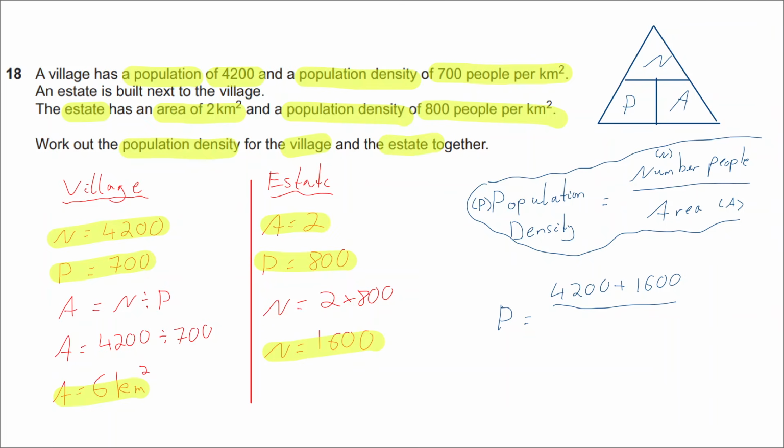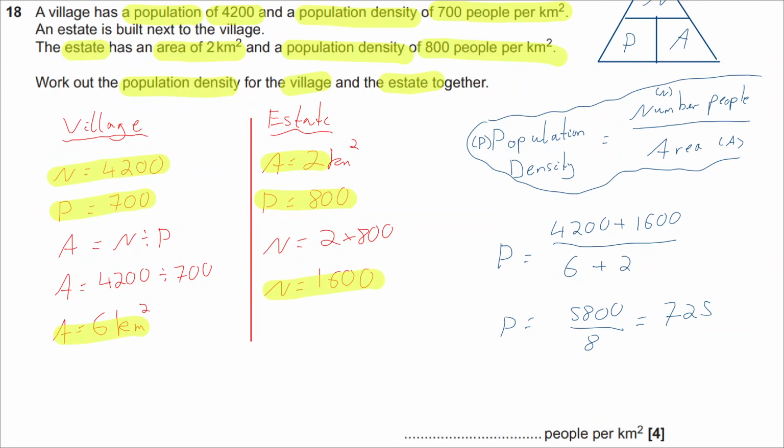So we can do 6 add 2, and then simplify a little bit. The population density is going to be 5,800 divided by 8, which gives you your answer of 725. And I believe that looks pretty good to me.